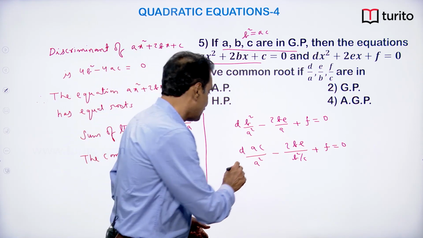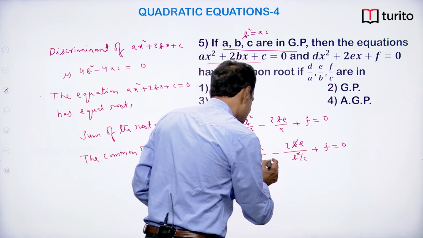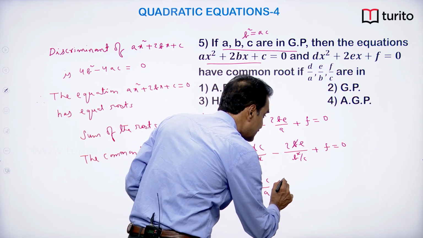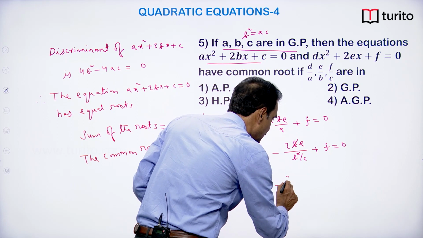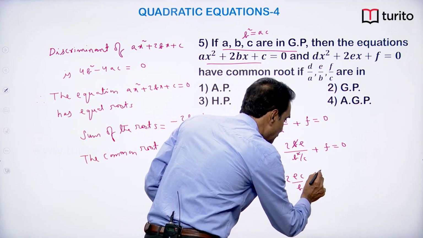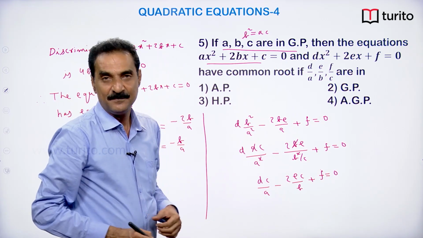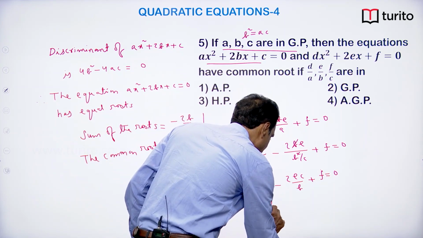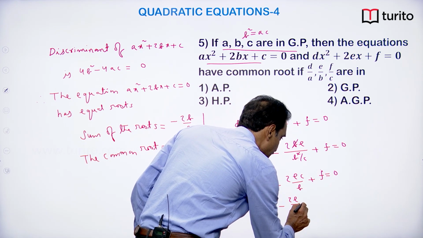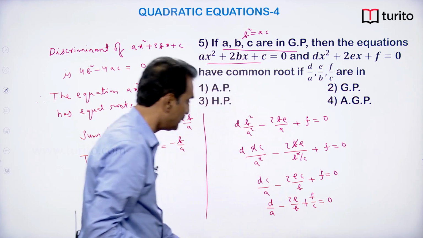Then here a cancels, here b cancels, simplify: dc by a minus 2ec by b plus f is equal to 0. Now dividing by c, you will get d by a minus 2e by b plus f by c is equal to 0.